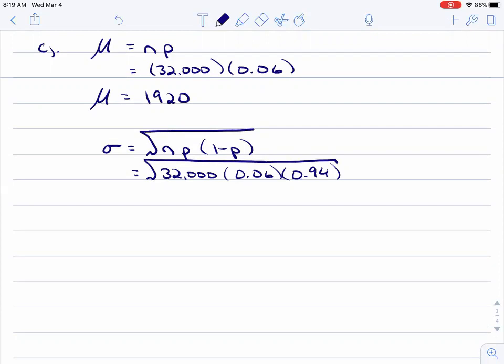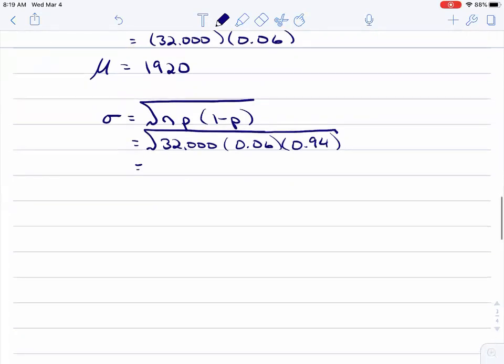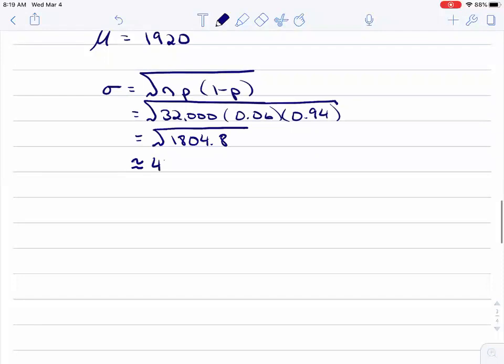Did it in one go. So now, 32,000 times 0.06 times 0.94 is 1,804.8. I'm going to take the square root of that. Puts me at roughly a standard deviation of 42.48293775.